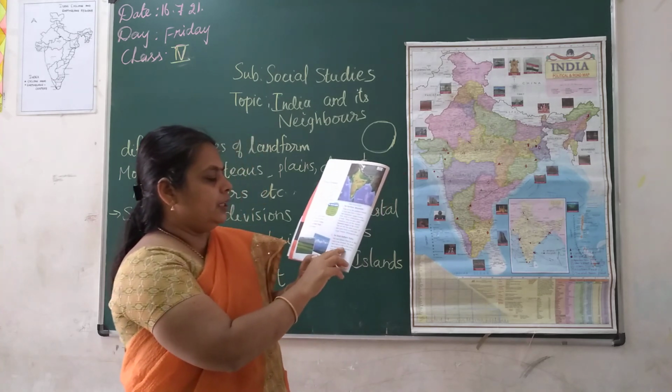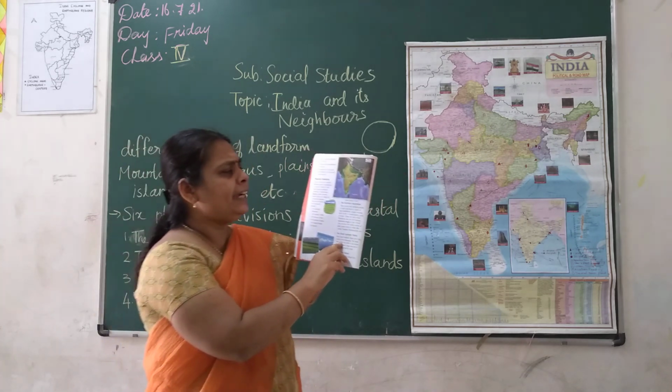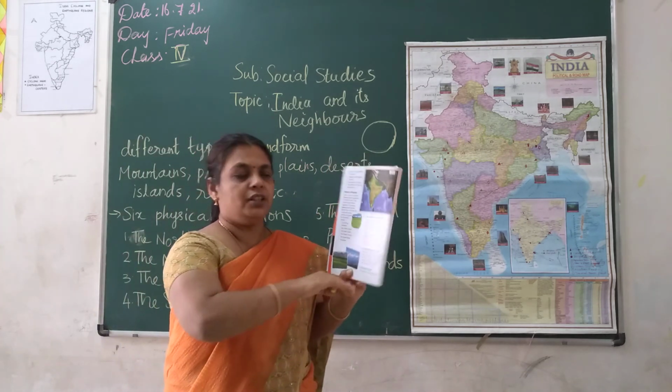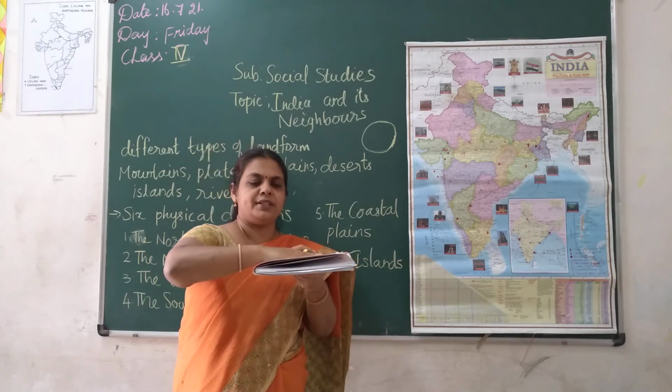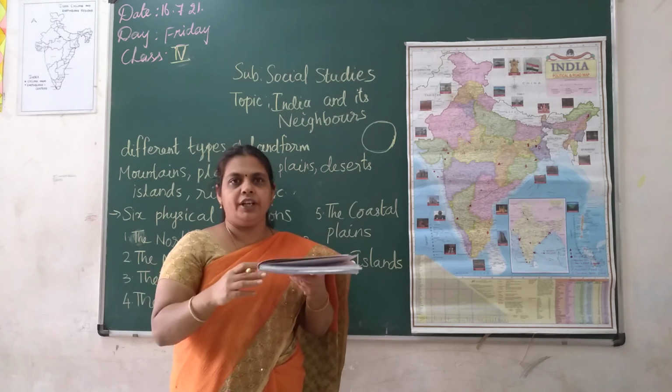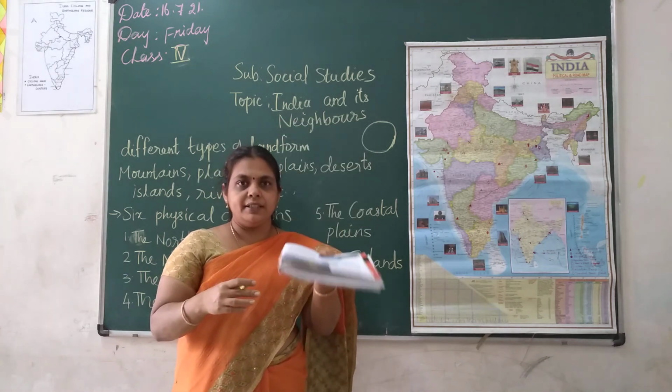The land here is flat, children. Flat means, for example, the book is now flat; this is vertical and this is flat.